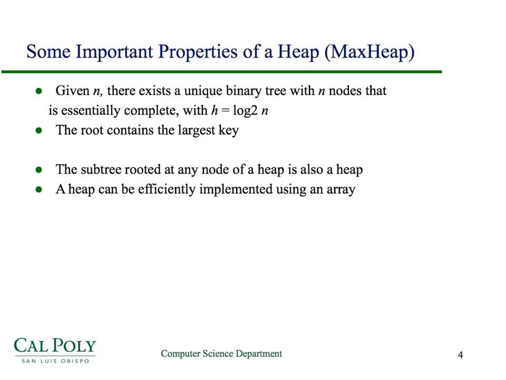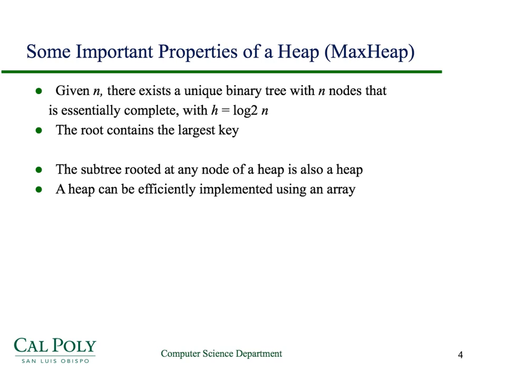So this slide calls out the most important properties of a heap, and again we'll just be talking about max heaps here, that you need to remember. So for a given n, where n is the number of elements that are going to be stored in the heap, there's a unique binary tree with n nodes, right?